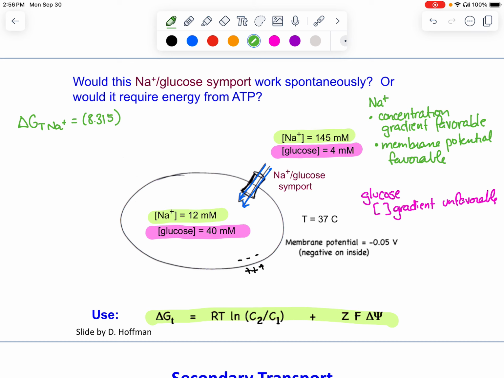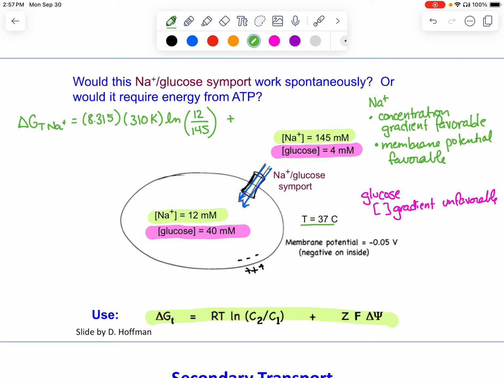We are told we're at 37 degrees, so we've got 310 Kelvin. And then natural log of C2 over C1, the final over the initial. It's moving into the cell, so at the end, it'll be in this area that was lower. My initial is here. So that's the contribution from the concentration gradient.